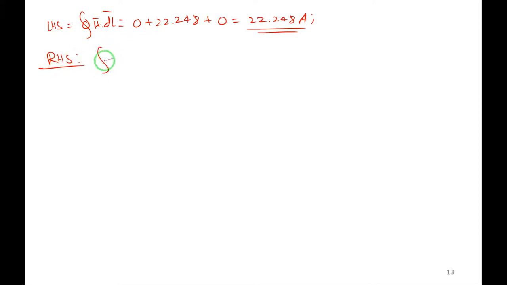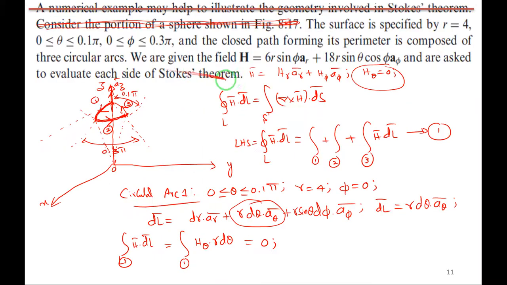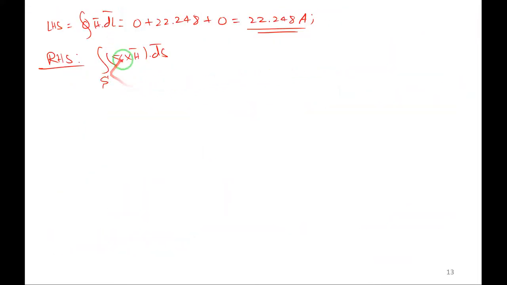Surface integral of del cross h into ds. Now h is given in the spherical coordinate system. We have to write down the formula first. We'll find out del cross h. Write down the formula in the spherical coordinate system: ar divided by something, a theta divided by something, a phi divided by something.